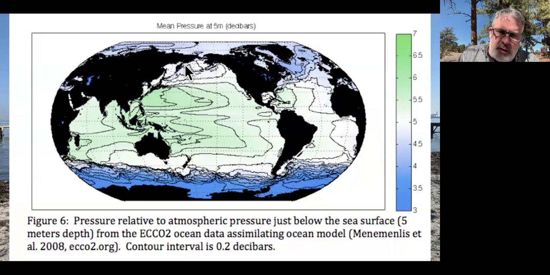So the Kuroshio and Oyashio are the western boundary currents on the western side of the Pacific, where the pressure changes quickly from some background level up to the high value that it has in the center of the North Pacific subtropical and North Pacific subpolar gyres.